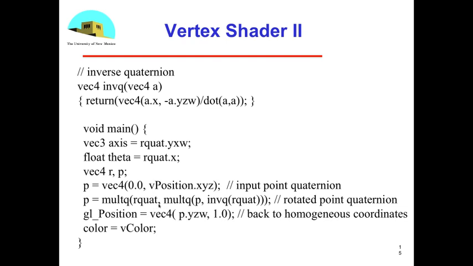It was the product of three quaternions. You multiply the point times the inverse of the rotation quaternion and pre-multiply that by the rotation quaternion. That gives you the new position. So here's how you do it. It's very straightforward. Notice that because it's returning vec4s, you can chain all this together very nicely.